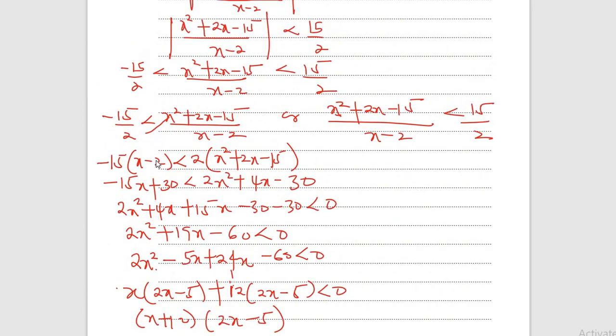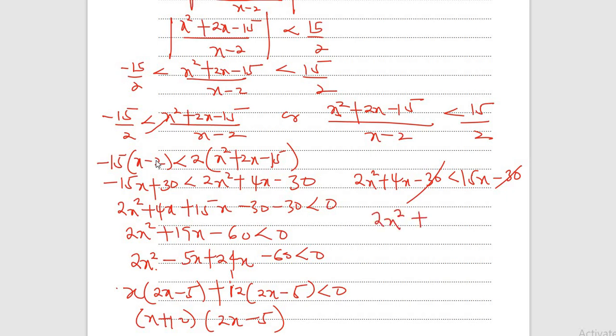And the other one, the same way, but let's cross multiply. That's 2x squared plus 4x minus 30 less than 15x minus 30. So I think this will go out.